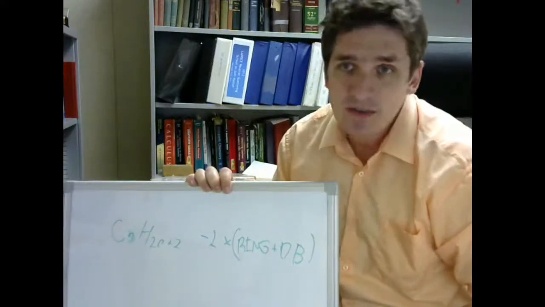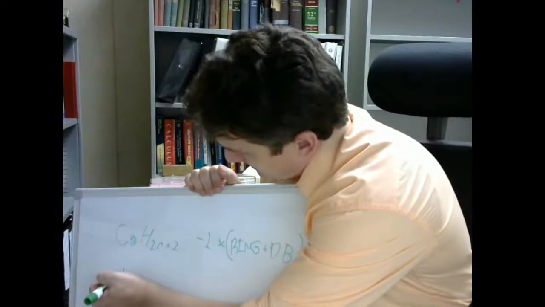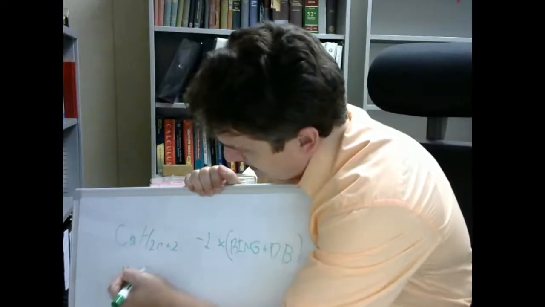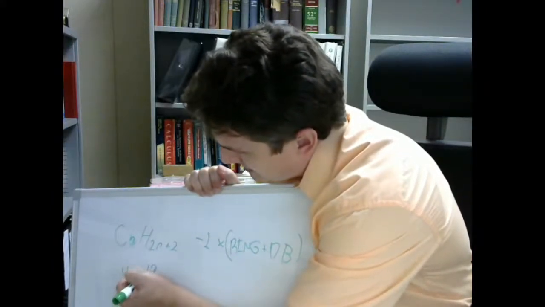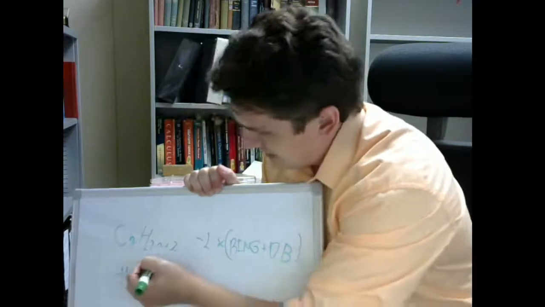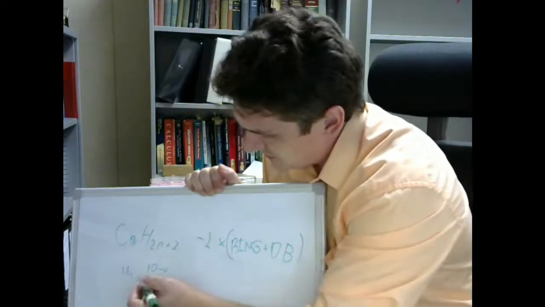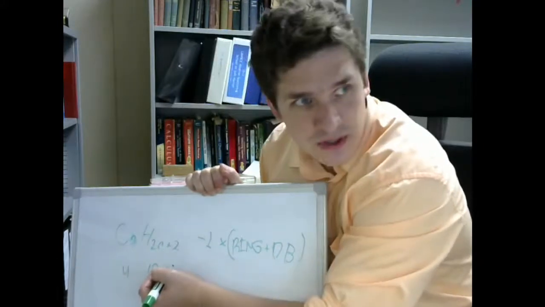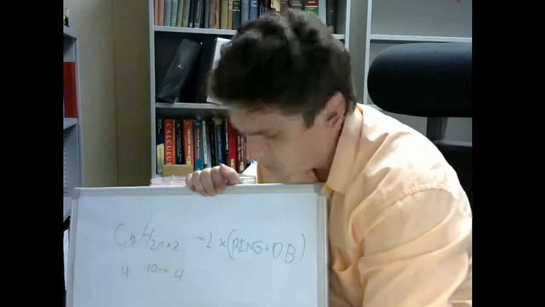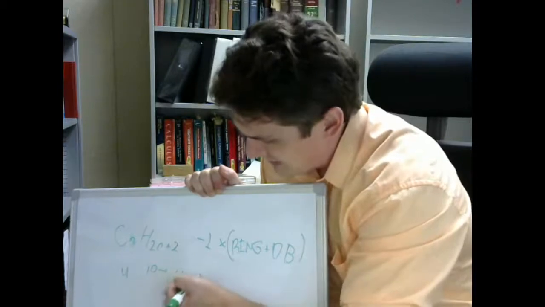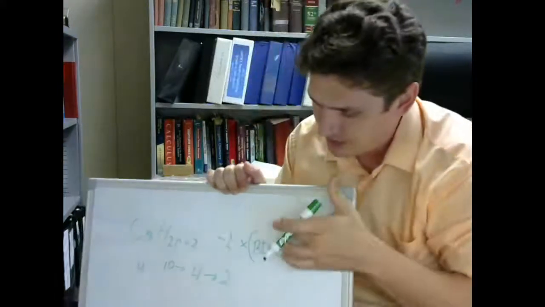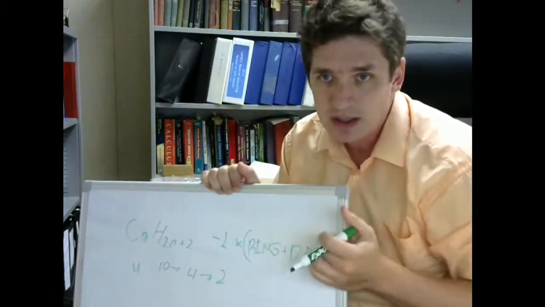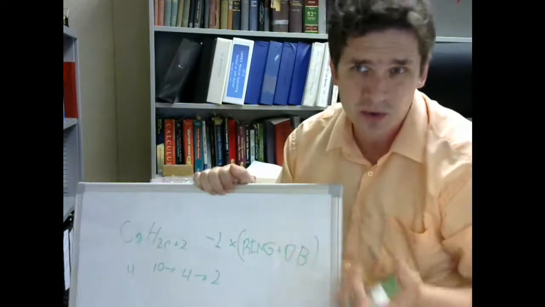So if we have C4H6, the 2n plus 2 here would be 10, and we actually have 10 versus 6. We have 4, so if we divide 4 by 2, this tells us that we have 2. We either have 2 rings, a ring and a double bond, or 2 double bonds, or a triple bond.